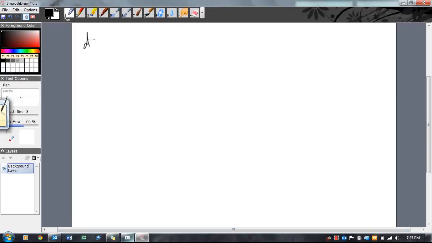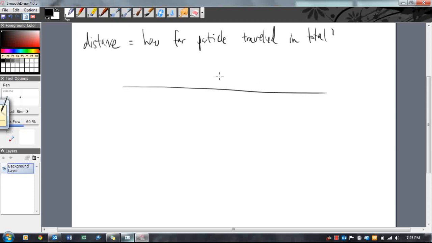The next thing to understand is distance, and that's just how far has the particle travelled in total. So that same line there, got 0 in there, 1, 2, 3, 4, that sort of thing.